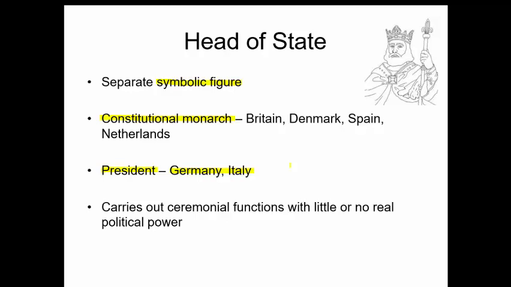For example, in Russia, Putin, if he's the prime minister, he's in power, and then if he decides to move over to president, he's in power there. That's signs of an authoritarian system in the making, where either President or Prime Minister Putin could be there for life. So what the head of state typically does is carry out these ceremonial functions with very little political power.